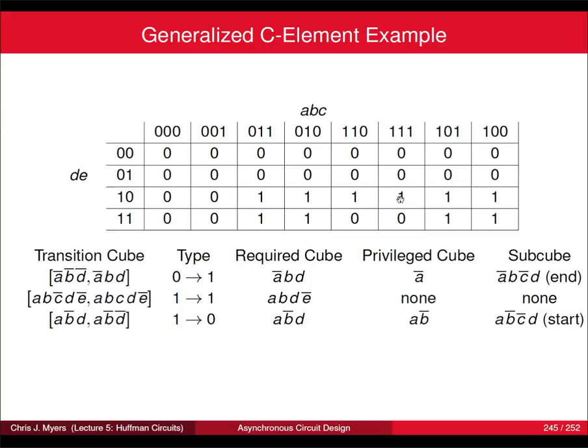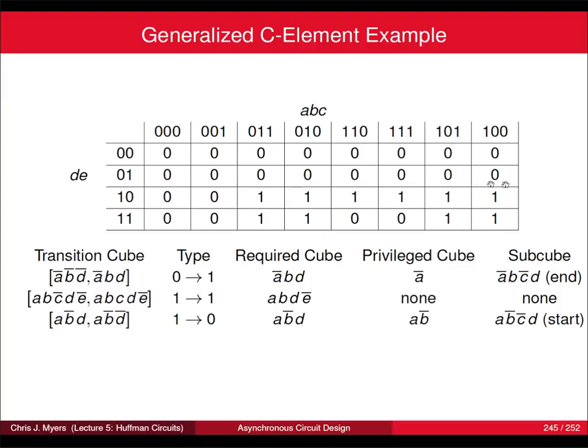So that's a 1 to 1 transition. The required cube, this one, is this cube, although it's not actually necessary in the GC implementation, because it's going to be held by the keeper.